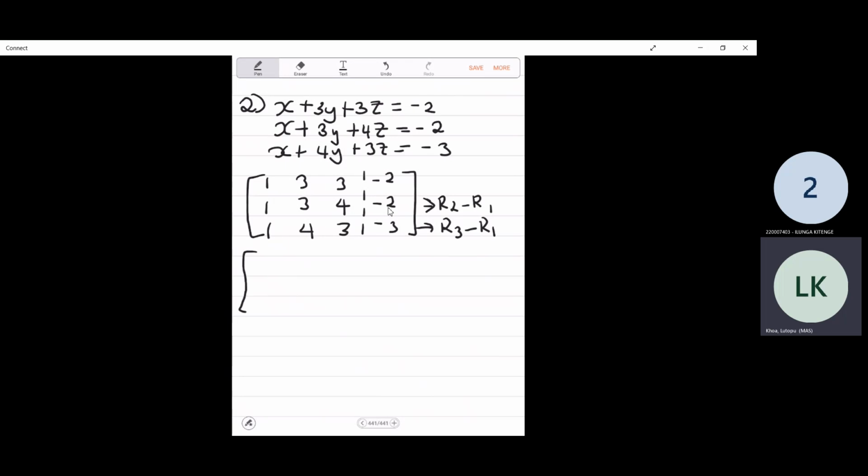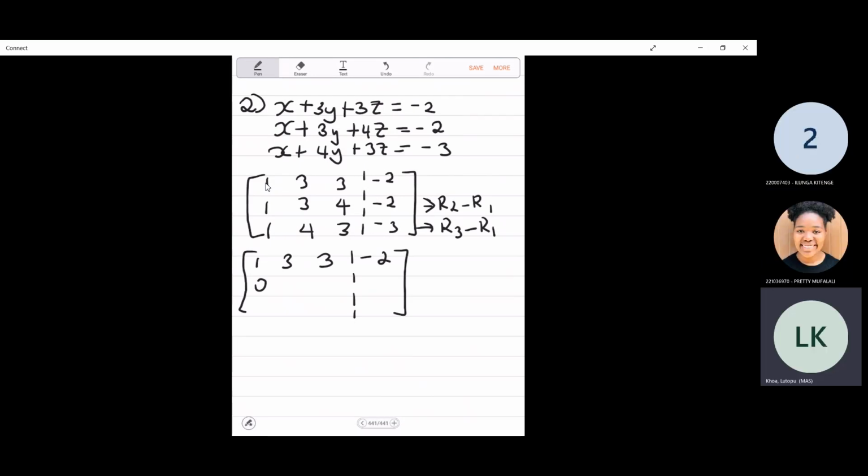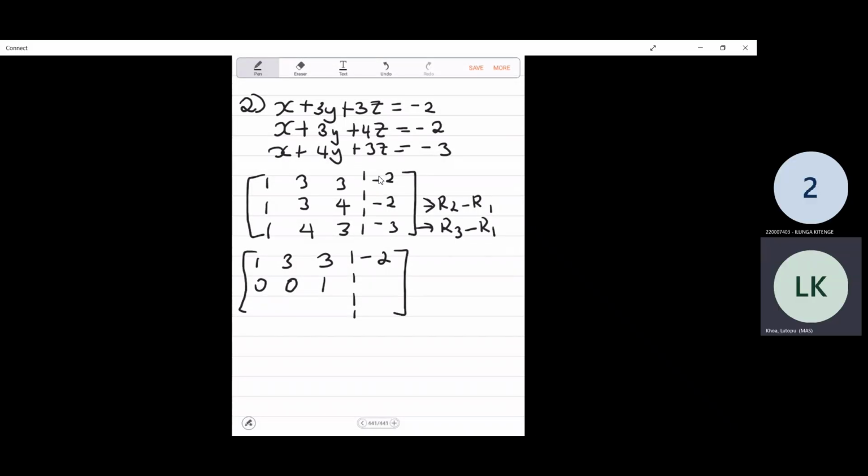Then this gives me 1, 3, 3. The first row has not changed. Then for the second one, 1 minus 1 is 0. 3 minus 3 is 0. 4 minus 3 is 1. And then minus 2 minus 2, that is 0.